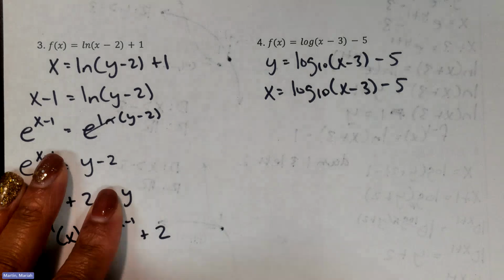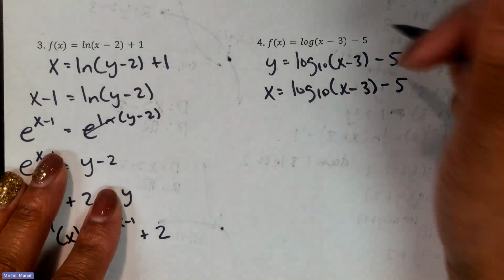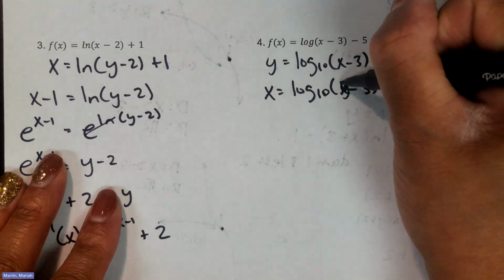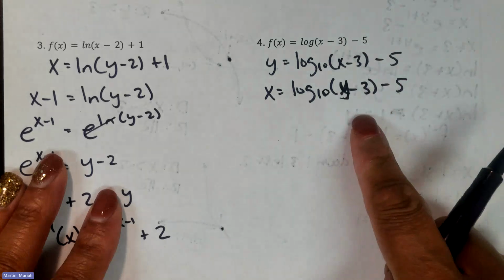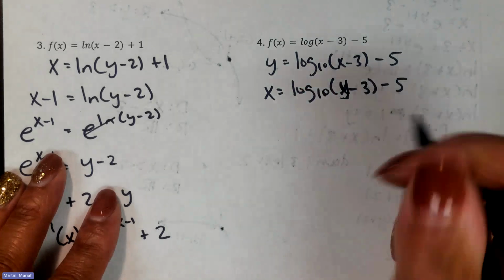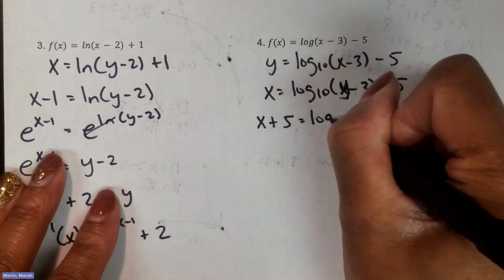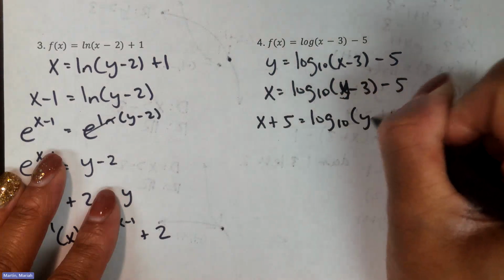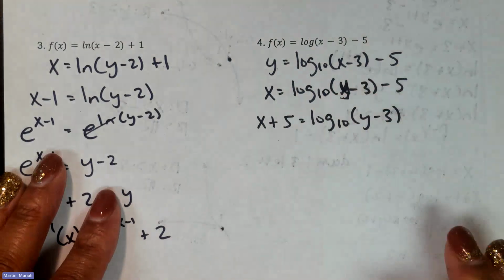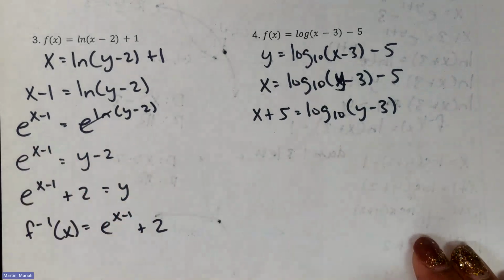Okay, so now I need to get y by itself, so I need to add 5 over to the x side. Then remember, the inverse of log is exponentiating it, and I wrote the 10 for a reason because that is our base.